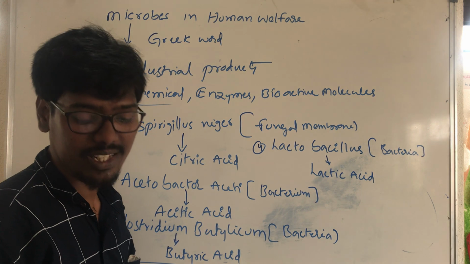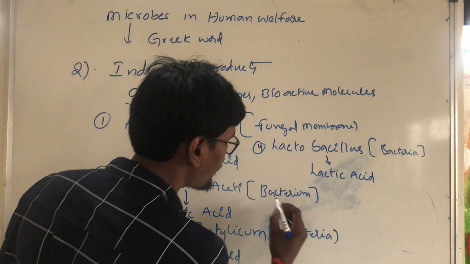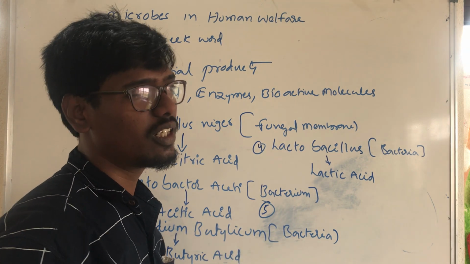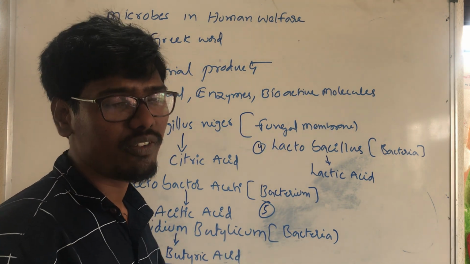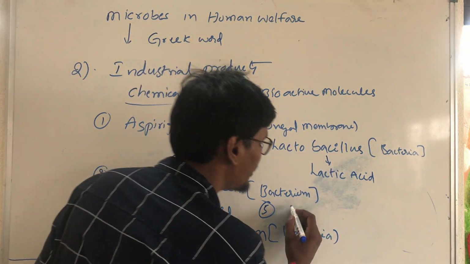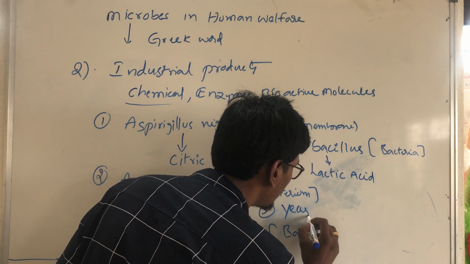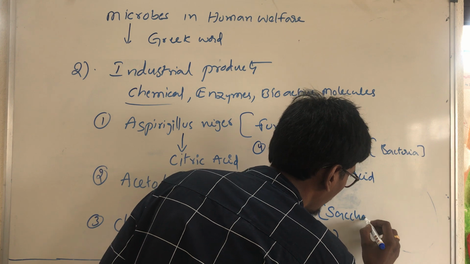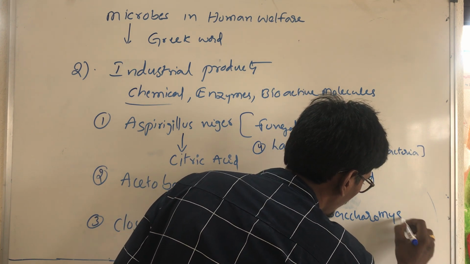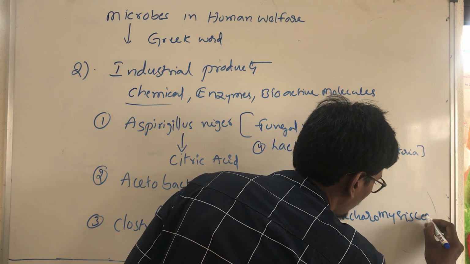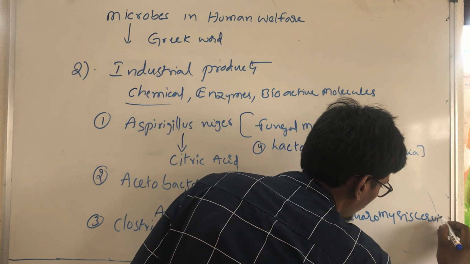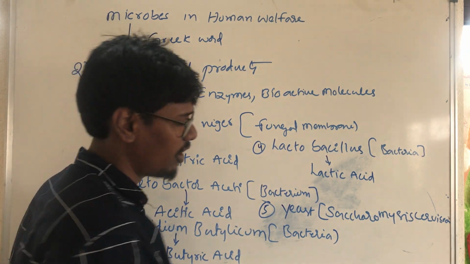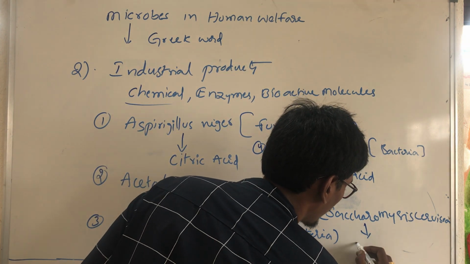Next, the fifth one. Already we know that the production of ethanol is by yeast, called Saccharomyces cerevisiae, which produces ethanol.